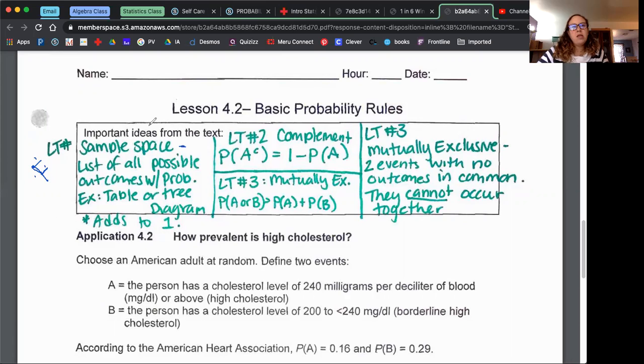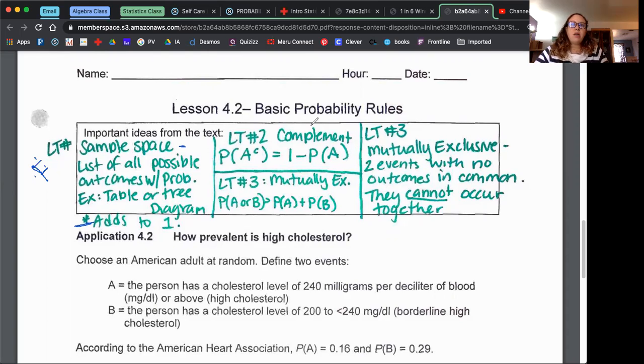One key thing to think about in your sample space is that all of the probabilities need to add up to 1. So the whole sample space represents a whole, or like the whole pie, or all of the possibilities have to add up to 1.